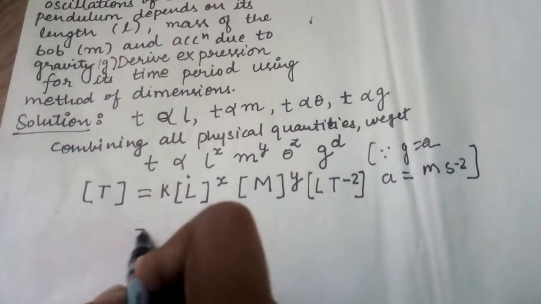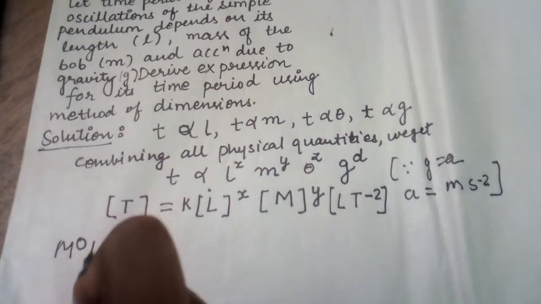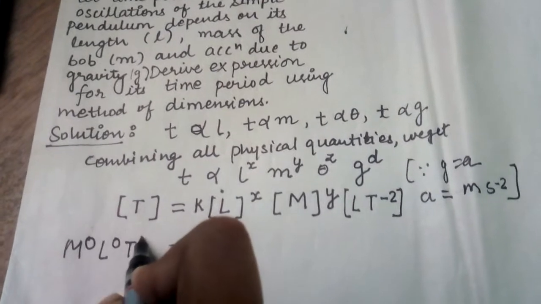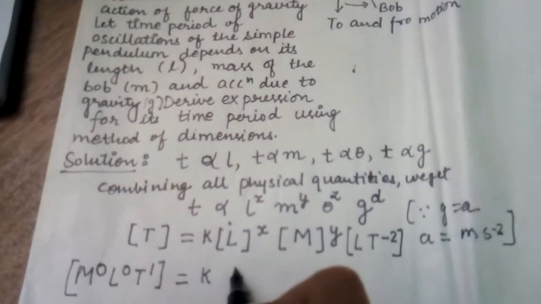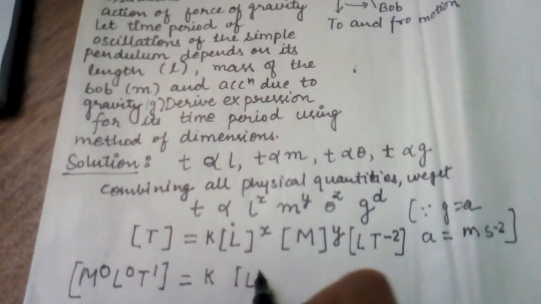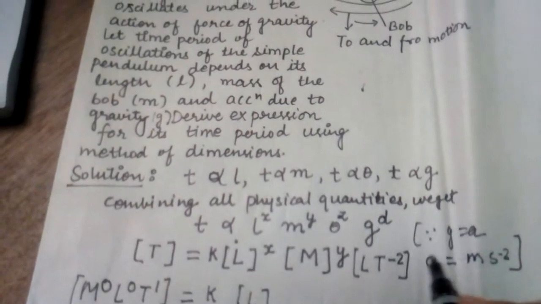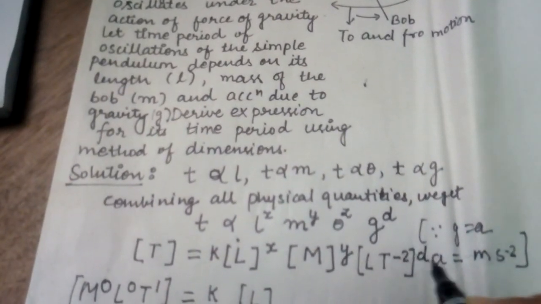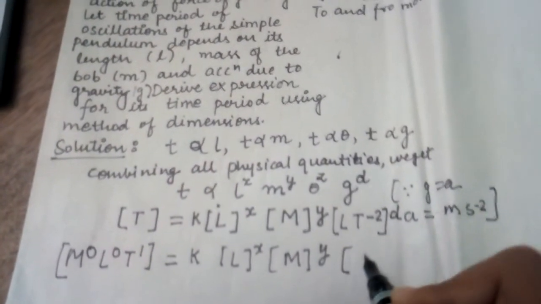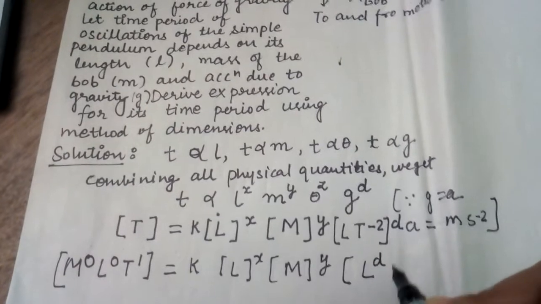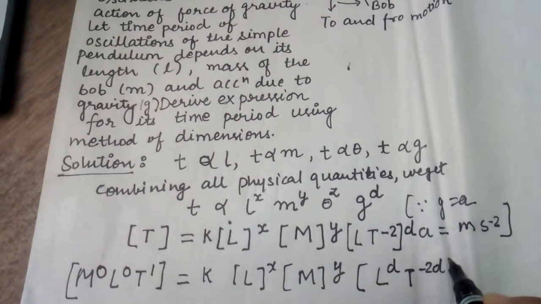Okay, now we can write it as M0 L0 T to the power 1, and L to the power d, so x, and M, L to the power d and T to the power of minus 2d.